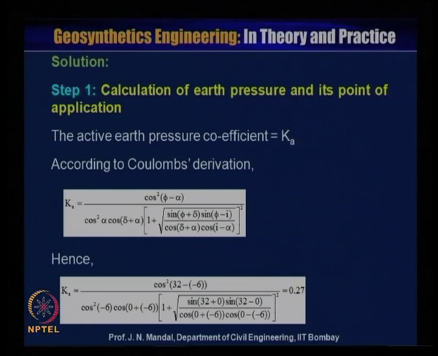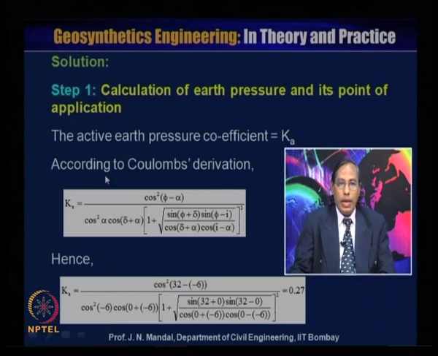So the active earth pressure coefficient is K according to Coulomb's derivation. You can calculate K using this equation. You know that phi is equal to 32 degree, alpha is minus 6, cos square of minus 6, into cos delta, delta value is 0, and alpha value is minus 6.